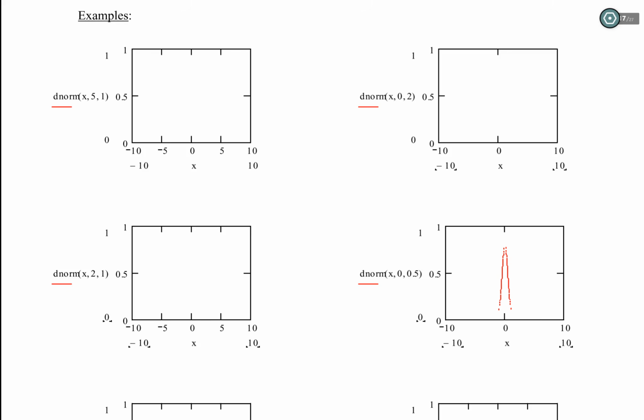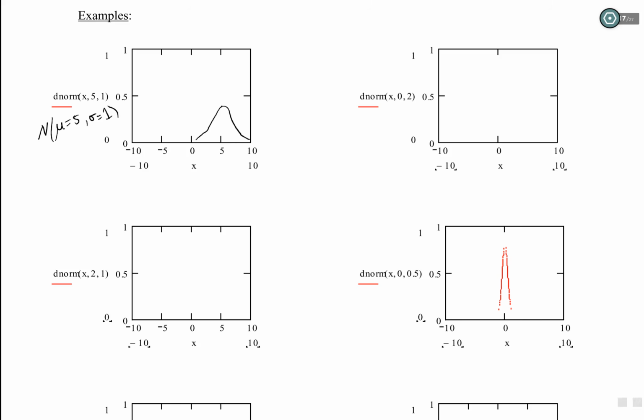But anyway, if I have a normal distribution that has a mean of 5 and a standard deviation of 1, it's going to be centered at 5, and it's going to come down roughly like this. Okay.